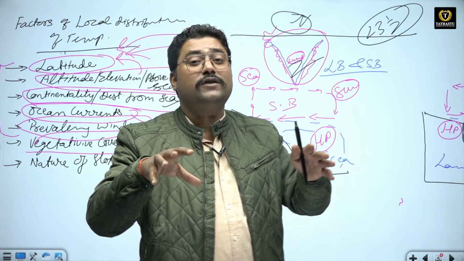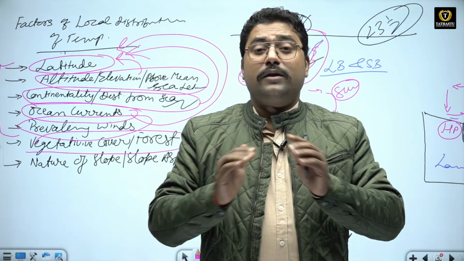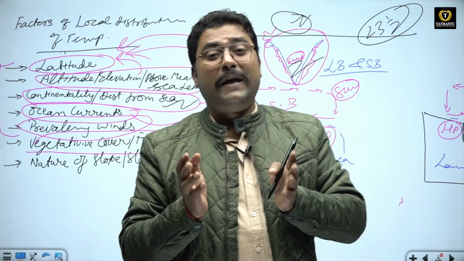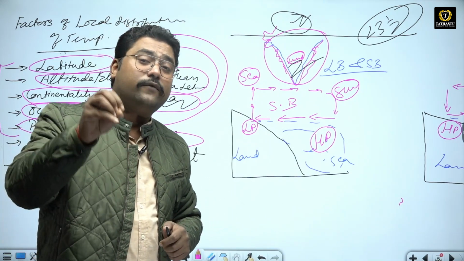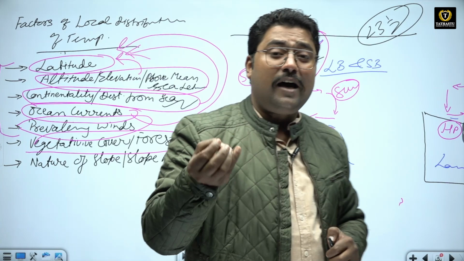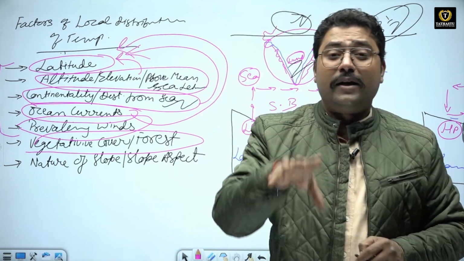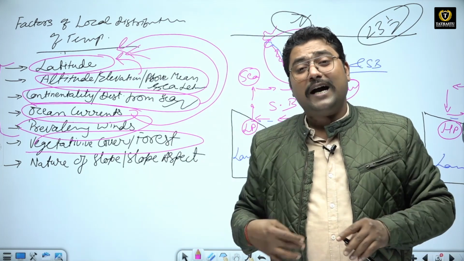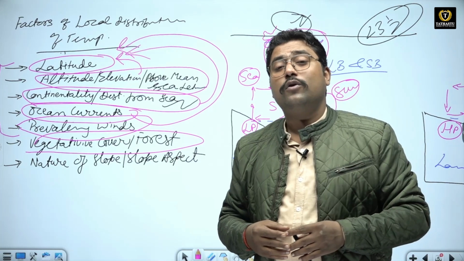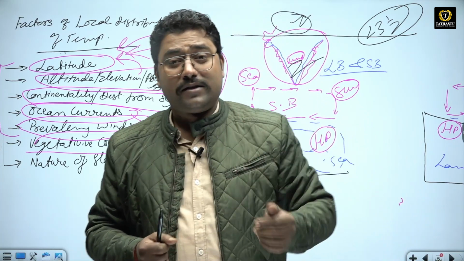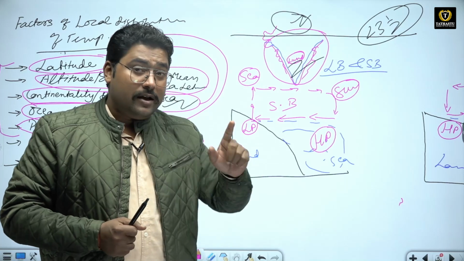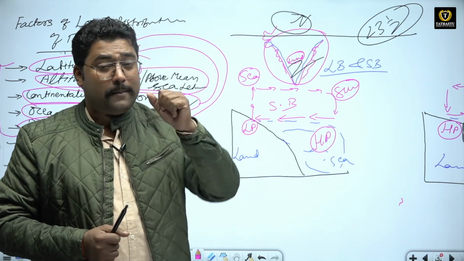Or in the shade of the tree? Because the area which is covered by trees, or those located in forests, are much cooler than the places which are open or have no vegetative cover. It means more forest, less temperature. Less forest, more temperature.